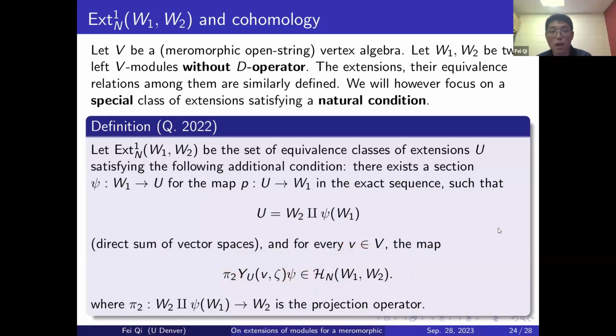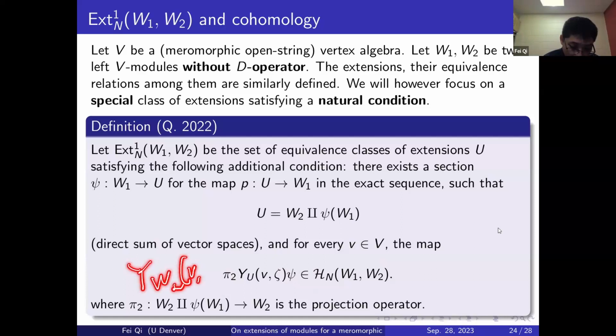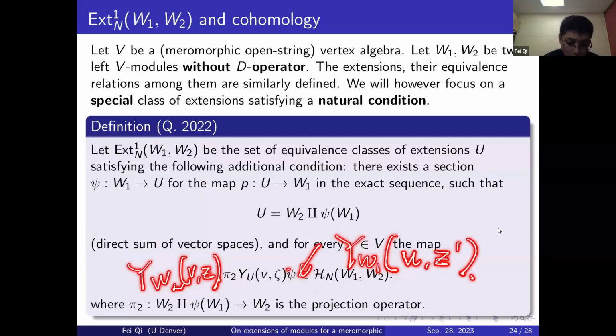In other words, I should be able to add any number of vertex operators from the left, and also any number of vertex operators on the domain on the right. So this is the action on the codomain, and this is the action on the domain.